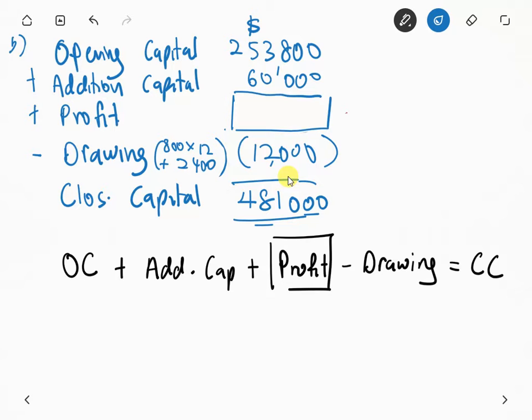Missing figure. This is what the question wants. Find the profit. How much?